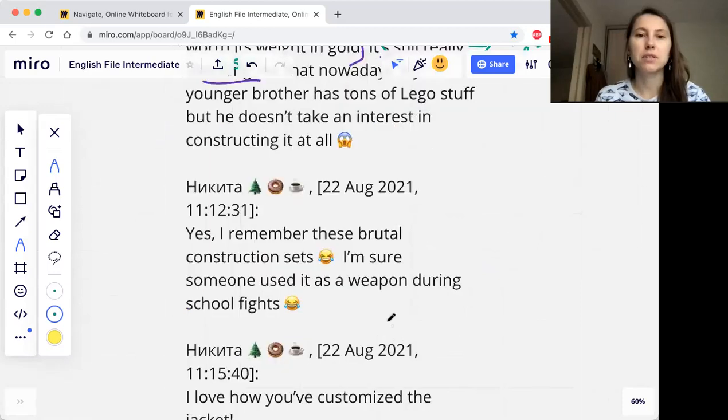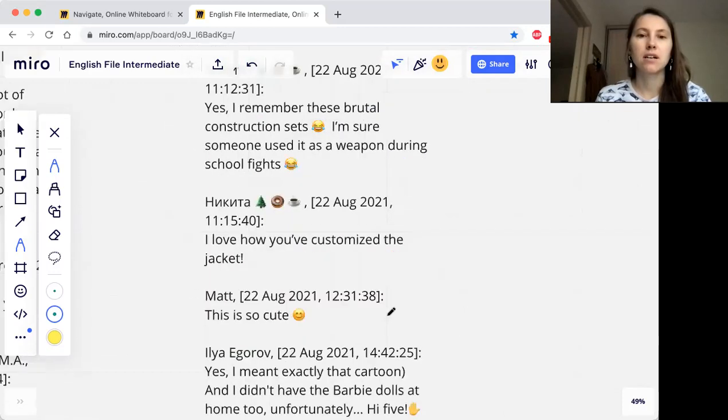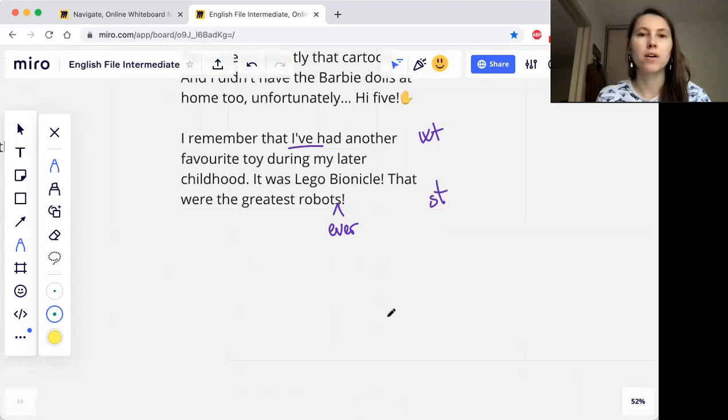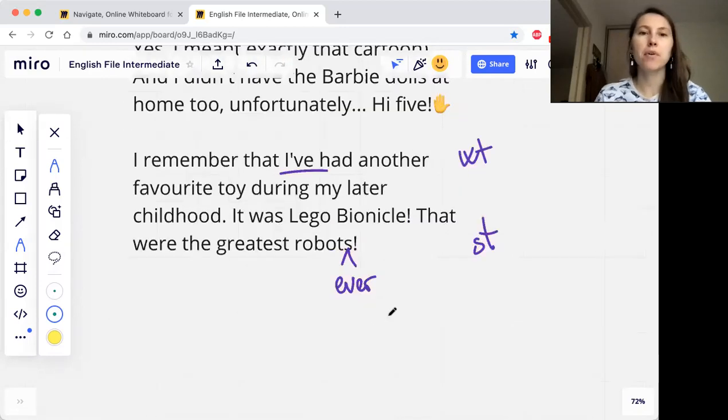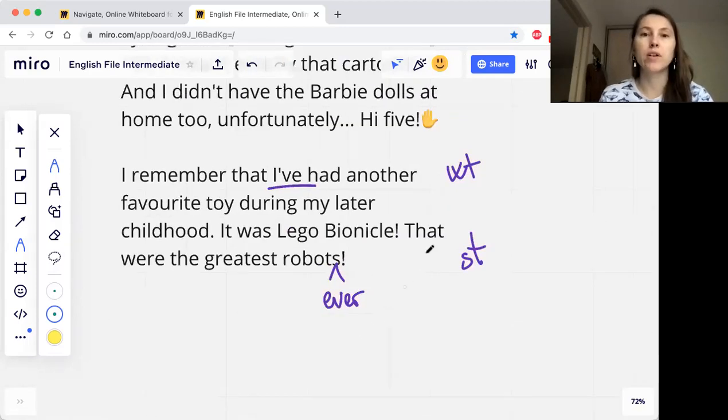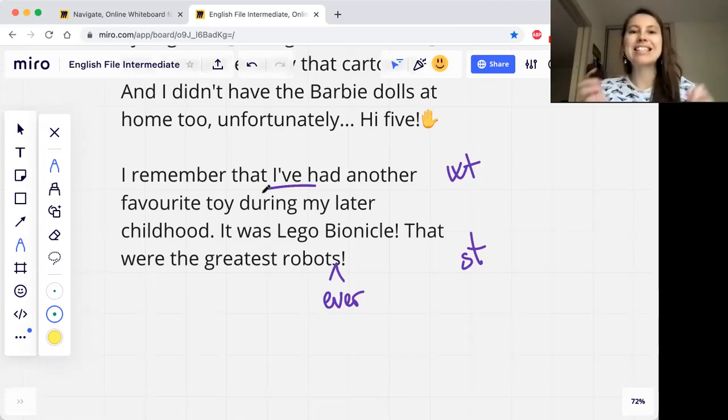Okay, let me see. Just a couple of things more. I remember that I've had another favorite toy. So again, wrong tense, because when we talk about our childhood, this is something that happened in the past and stayed in the past. So there is kind of no reference to the present moment whatsoever.